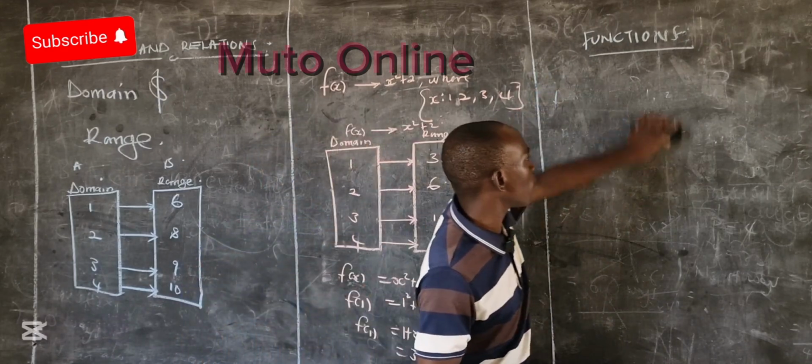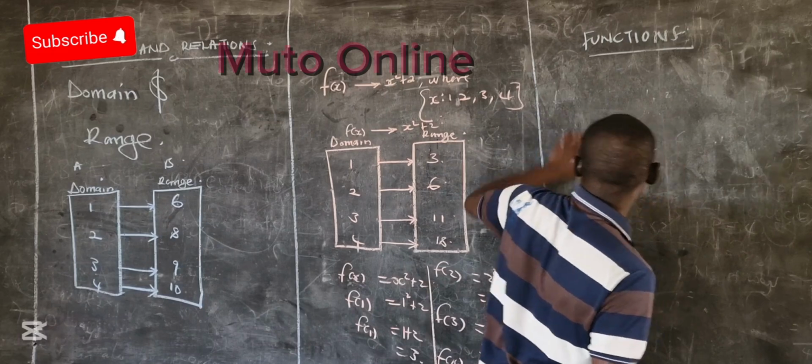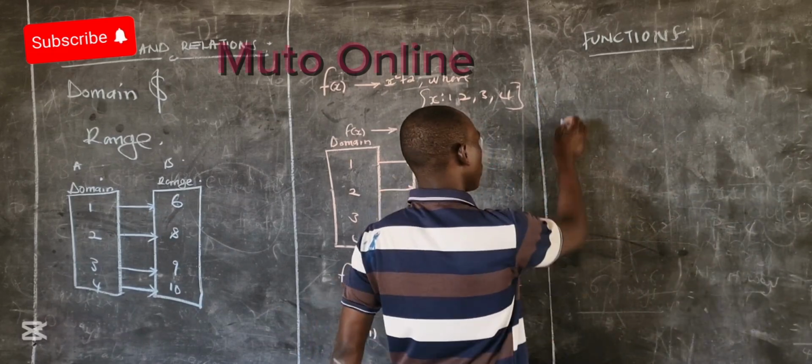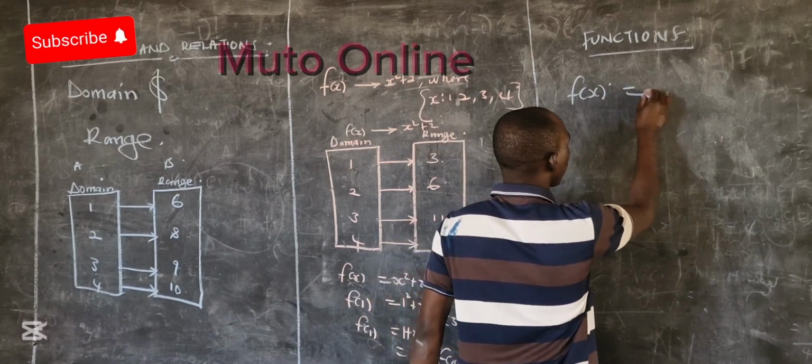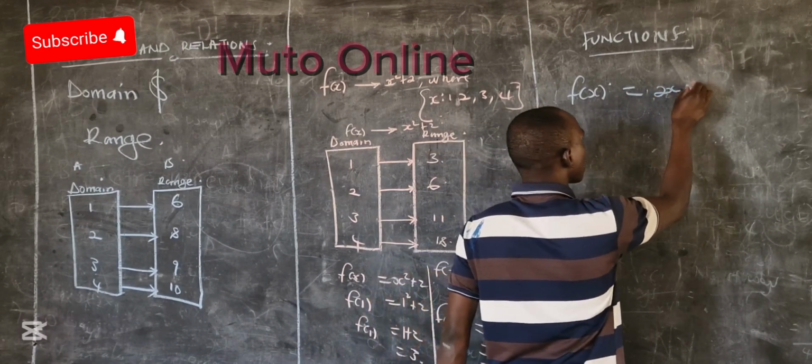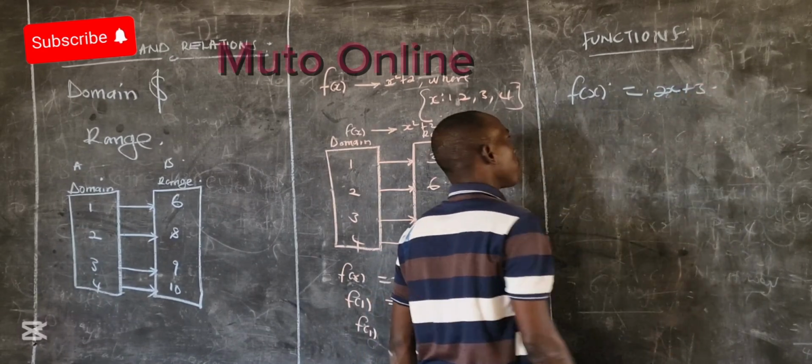Now, these functions, sometimes they are written in different set notations. An example, if I say f of x equals 2x plus 3, this is a function.